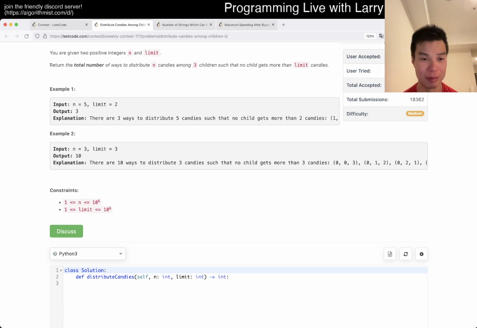Wow, this is Q2 and I'm just messing it up. Let's see. If I did it the other way, okay, so I'm thinking about this in n. What if I think about it in limit? Limit, one pass, 10 to the 6.